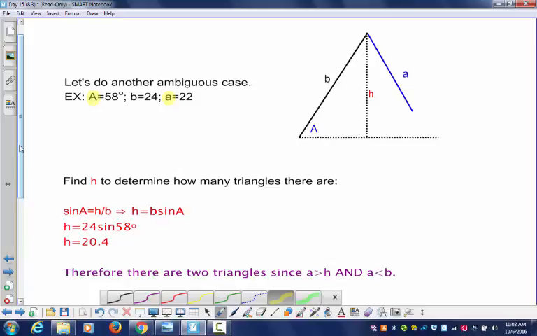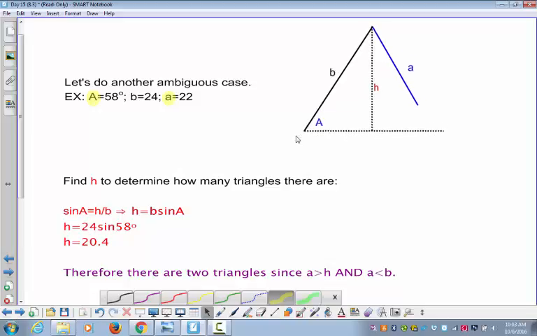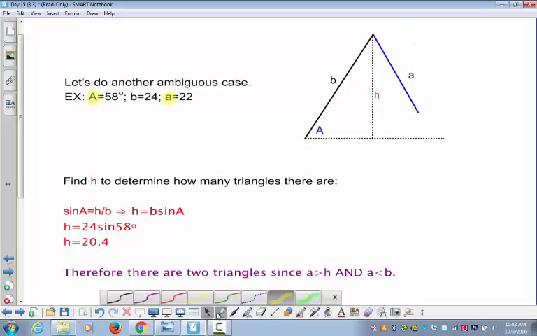And when we're using our right triangle trig, we see that the sine of A is h over b. So that right triangle there we can use to find the h, to find the height, right there. So sine of angle A, opposite over hypotenuse, h over b.